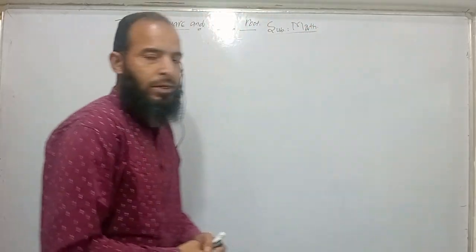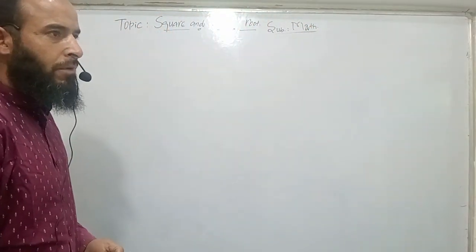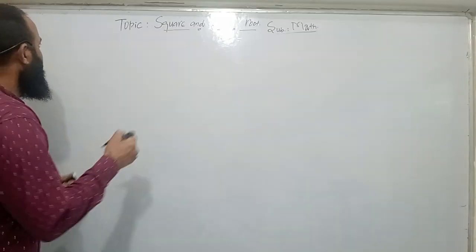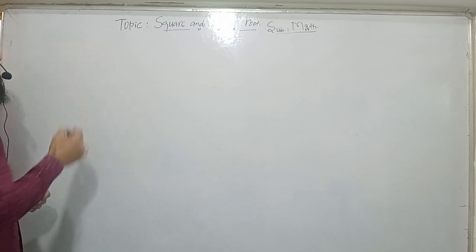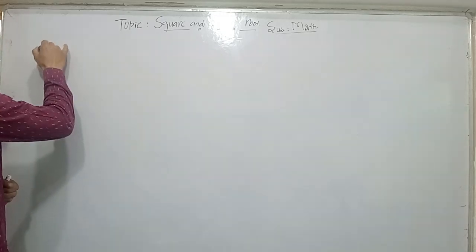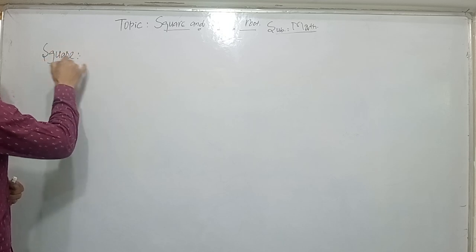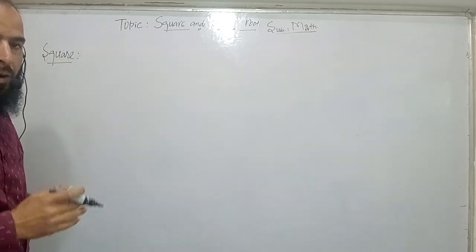So we will start with the definition of square and square root. What do we mean by a square? Square of a number.